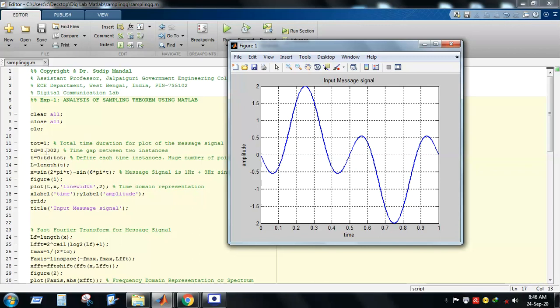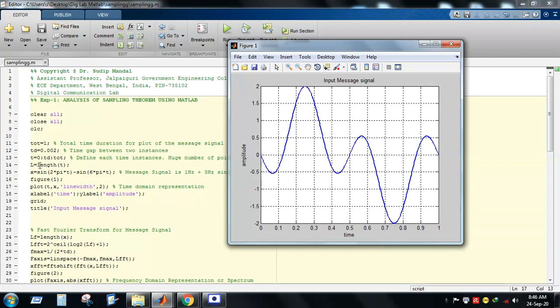So TD is 0.002 second. Suppose at 0 second you substitute t equal to 0 and get a particular value, say x of 0. Then it will calculate the value of the message signal at 0.002 second, then 0.004 second, and so on, and we ultimately get this kind of function.